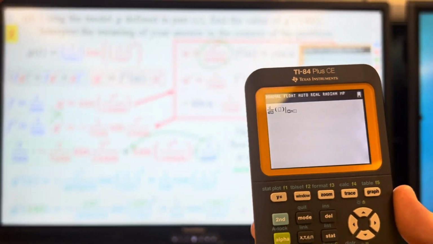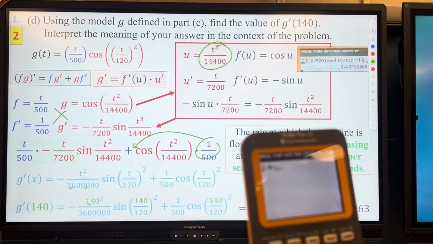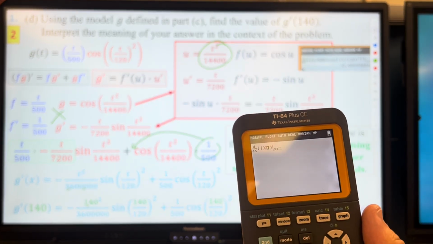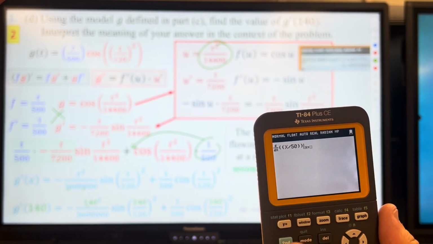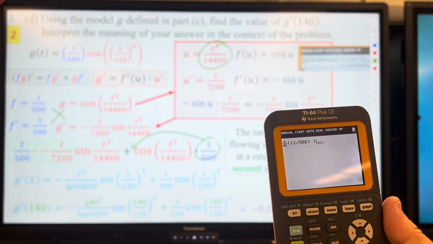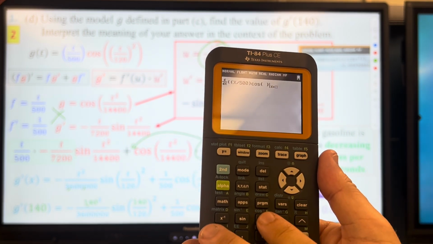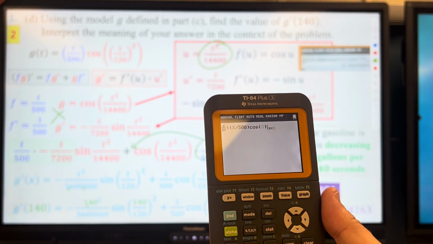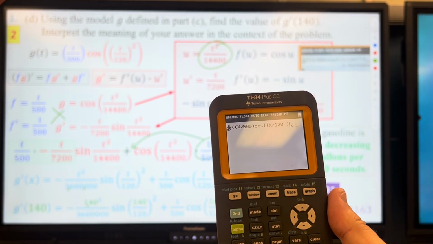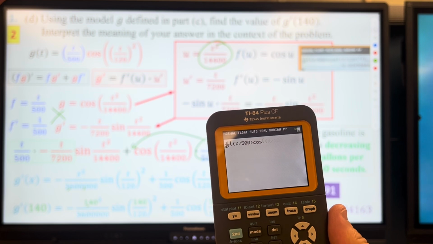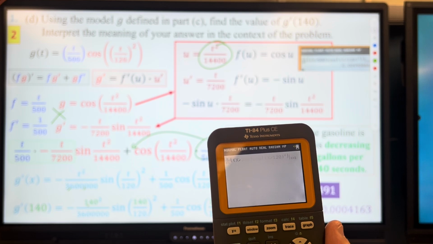You would enter d/dx, everything's d/dx, and you type in the equation that we typed in before: parentheses, x divided by 500, close parentheses, cosine, open two parentheses, we already have one open, x divided by 120, close parentheses, squared, and then with x equals 140.